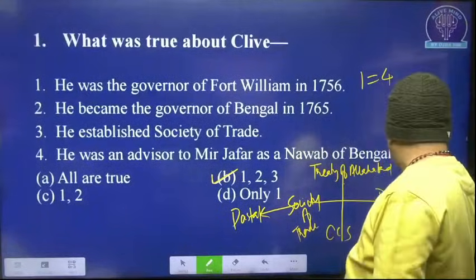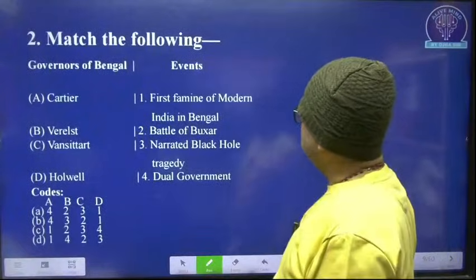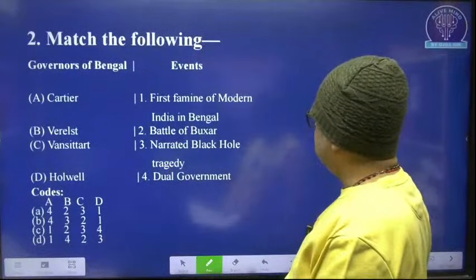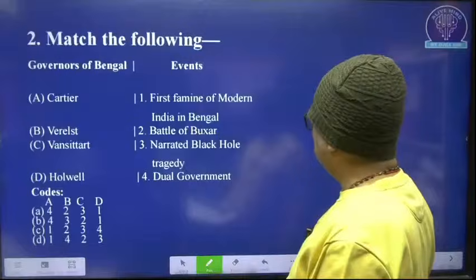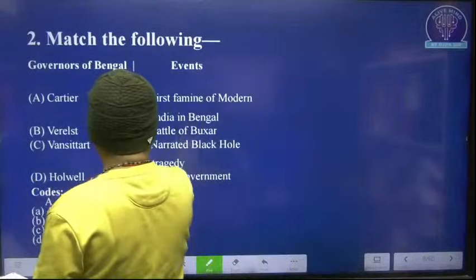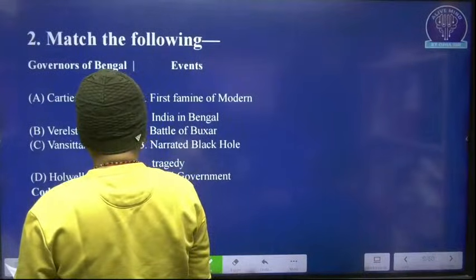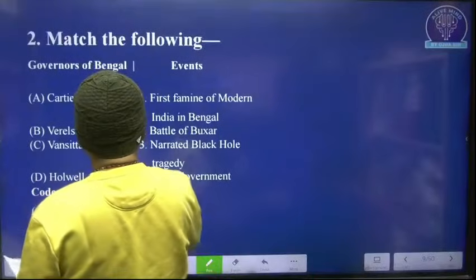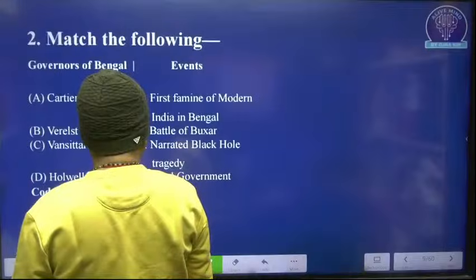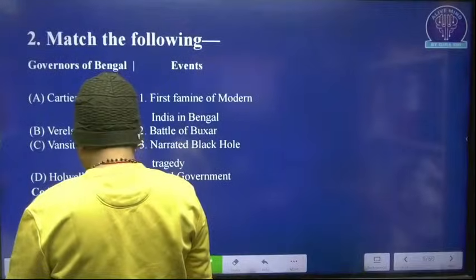So first is B. Second, match the following governors of Bengal. Holwell narrated the story of the black hole.